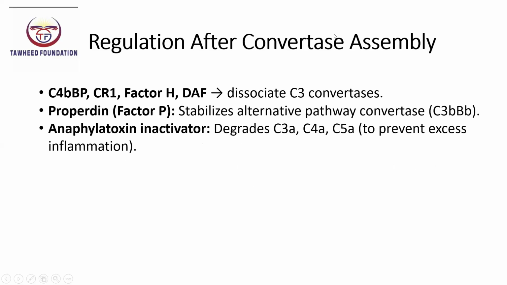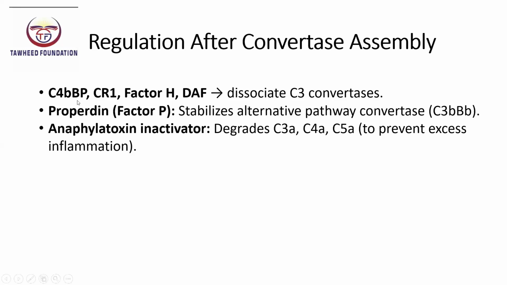Next is regulation after convertase assembly. Once the complement C3 and C5 convertases are formed, the system must still be tightly regulated to prevent excessive or prolonged activation. Several regulatory proteins function at this stage to dissociate or destabilize convertase complexes.